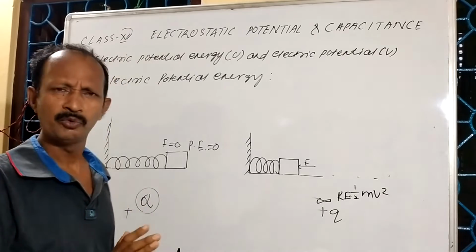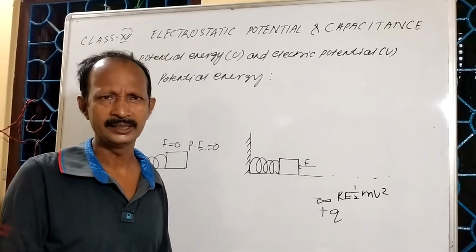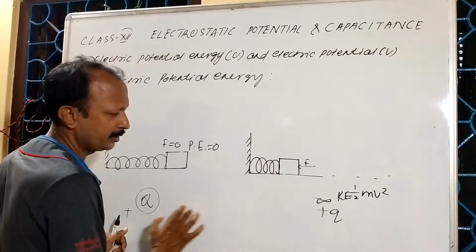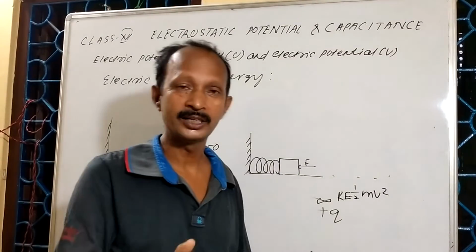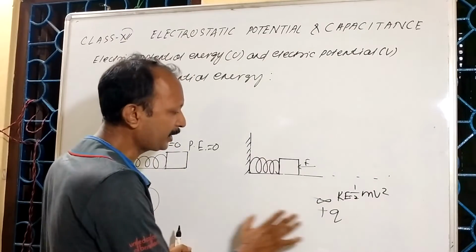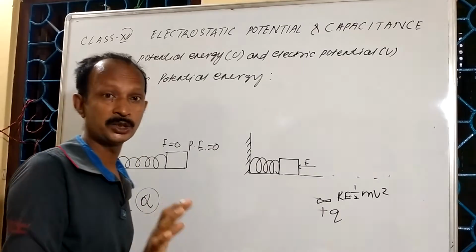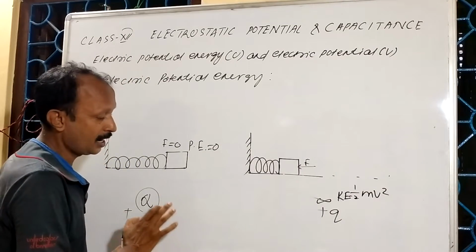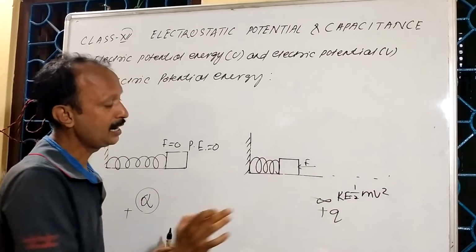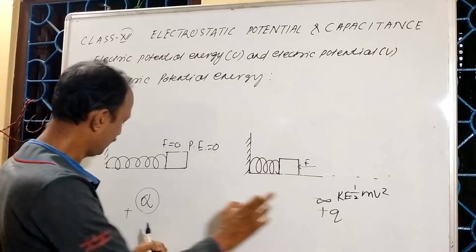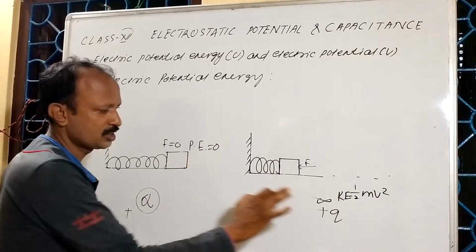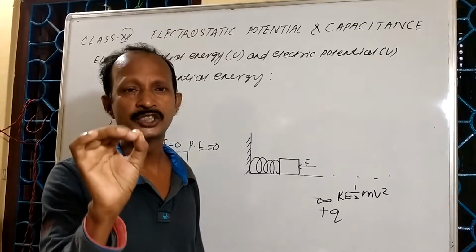Nobody has seen infinity. Whenever we move farther and farther away, the force decreases. Ultimately, one stage comes where we can assume that its impact is not there, or the force is equal to 0. So the thing is that I want to take the charge from a point of infinity, where the effect of force due to this source charge is equal to 0.